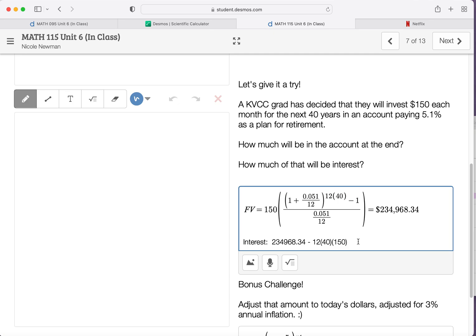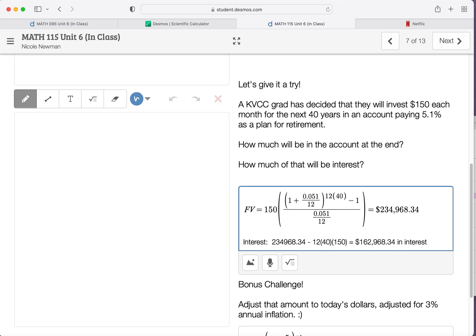So the output of the account minus everything that the person put in. And when I did this one a little bit earlier, I came up with a gap of $162,968.34. This is the interest amount.